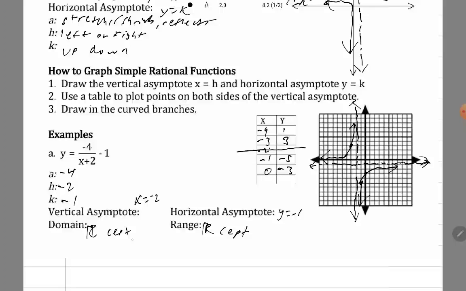So our domain is everything except our h value, and our range is everything except our k value.